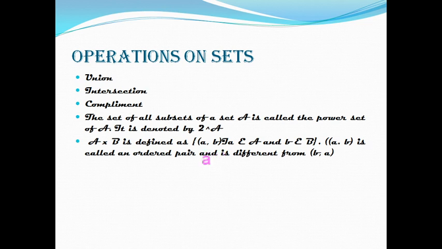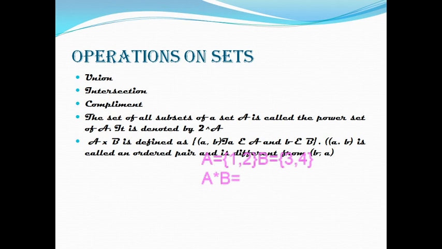Next is A cross B. I am representing it as a star because on my keyboard there is no cross. Set A is equal to 1, 2, B is equal to 3, 4.